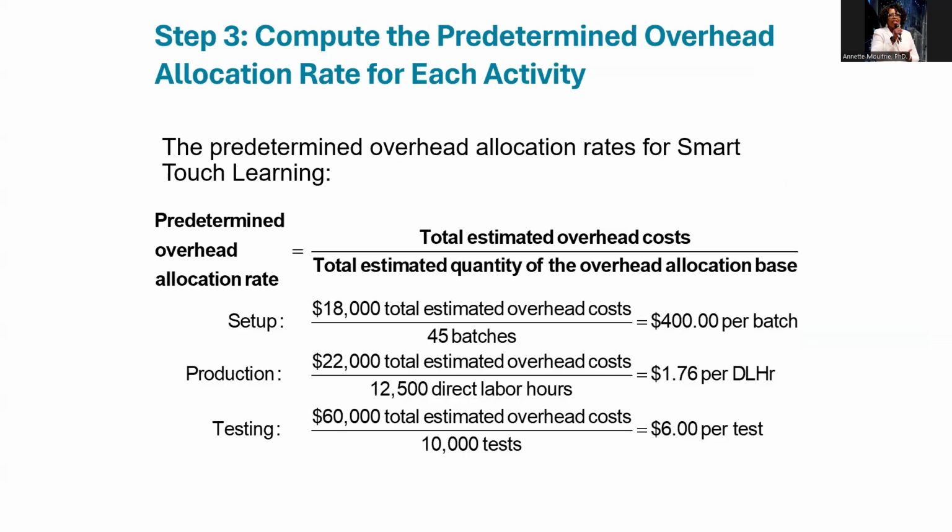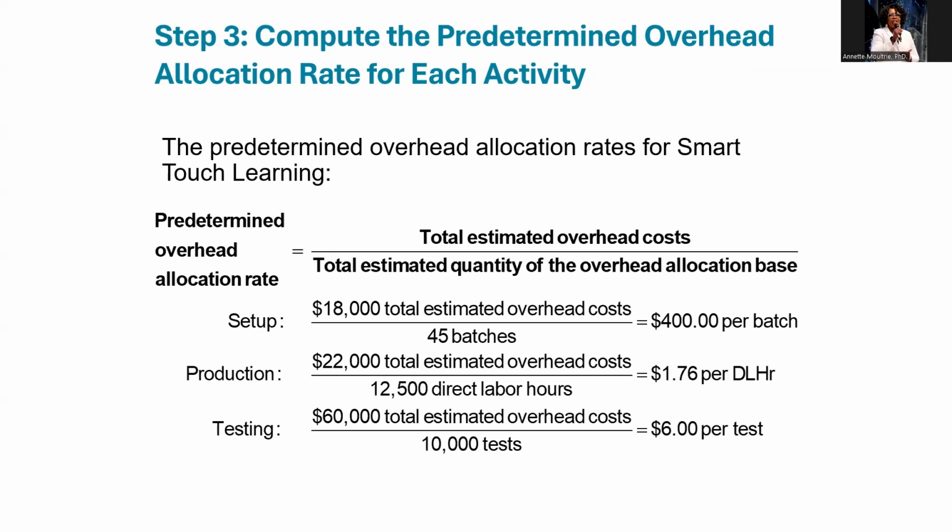Now, step 3, compute the predetermined overhead allocation rate for each activity. Step 3 of an activity-based costing system is what you see here. So what you do is you compute the predetermined overhead rate for each activity.